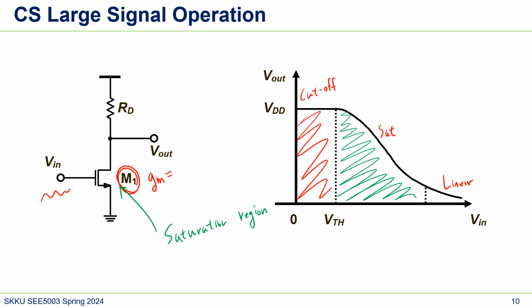What was GM? GM was ID over VGS. So in the linear region, this GM is not large enough, so our amplifier is not effective. Also, in this area the current flows too much. So it's really bad. The current consumes a lot of power and gives bad gain. So that's why we always use this amplifier in the saturation region.